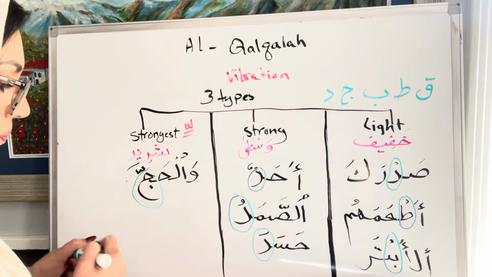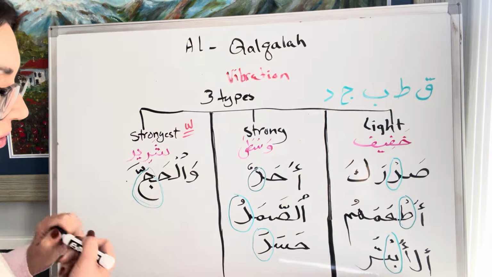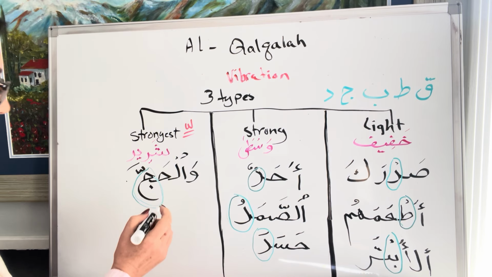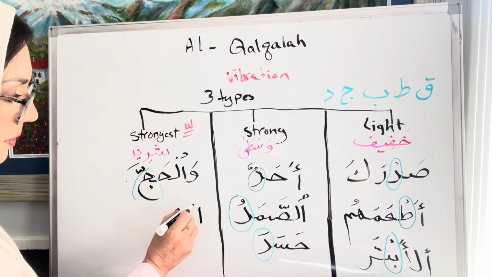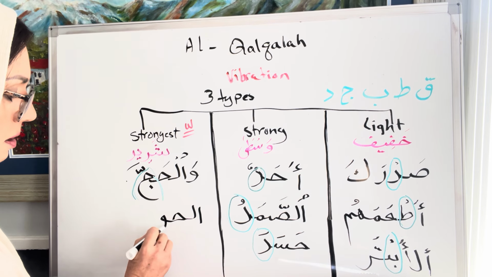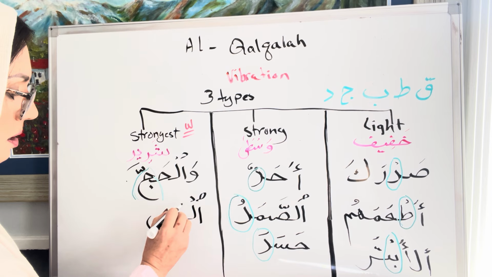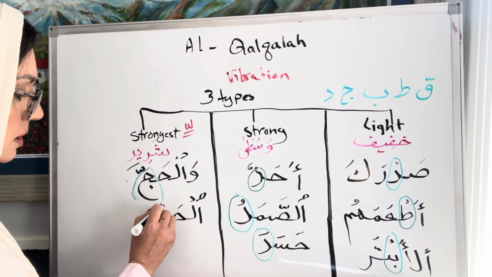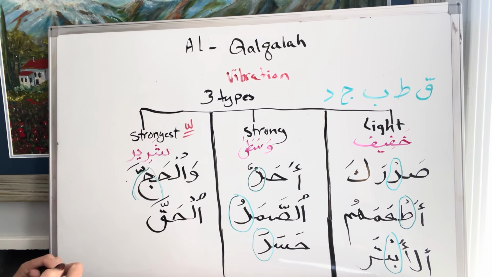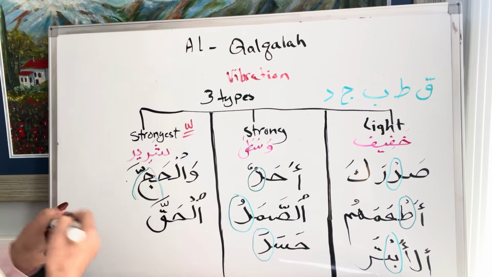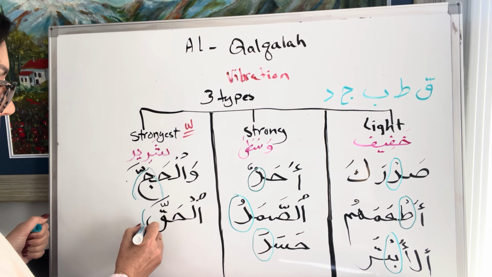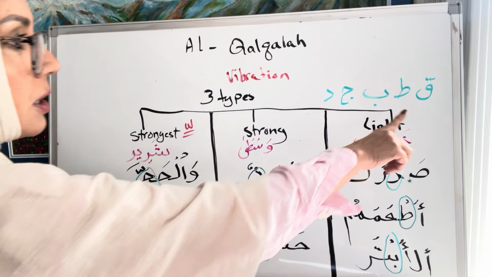The next one we have is al-haqq. Let's see if we can move some of this. Al-qaf, and then there's shadda and fatha on it. So same way, qaf is the huruf of qalqala. There's the qaf.